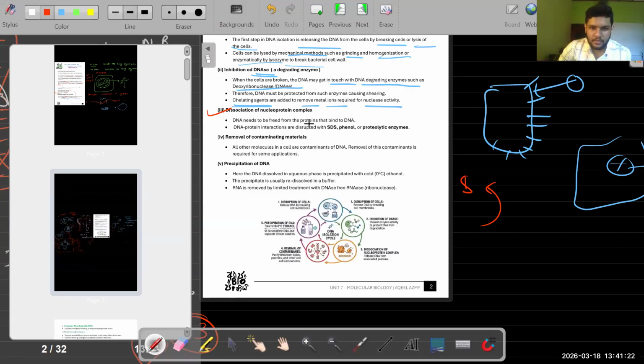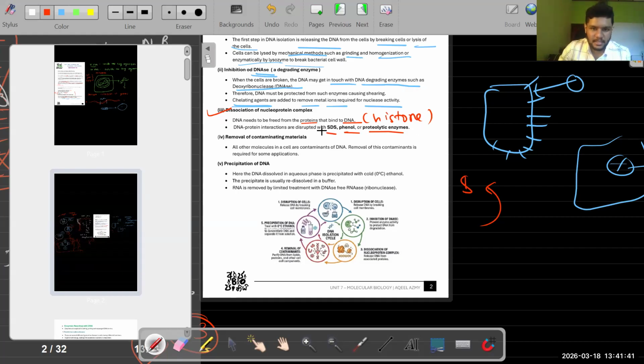DNA needs to be freed from the proteins that bind to DNA. Indirectly, they are saying which protein? Histone protein. DNA-protein interactions are disrupted by sodium dodecyl sulfate, phenol, and proteolytic enzyme, right? These three are the agents which can be added to remove this protein and DNA interaction.